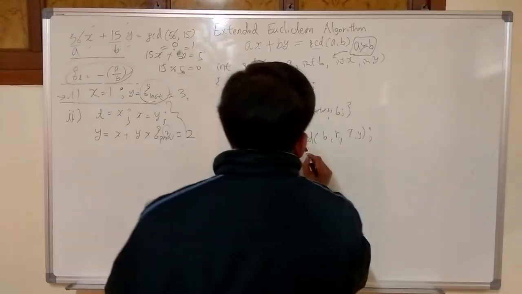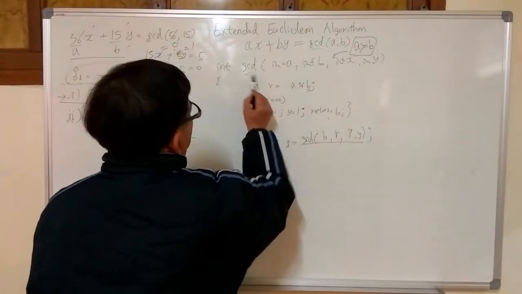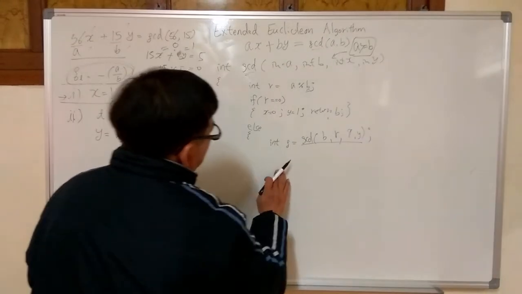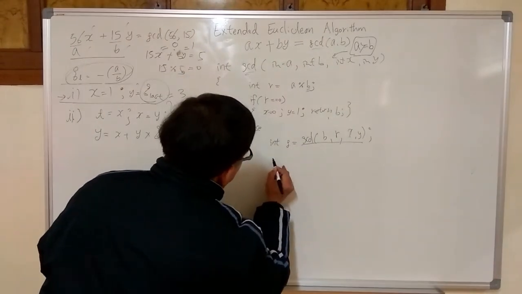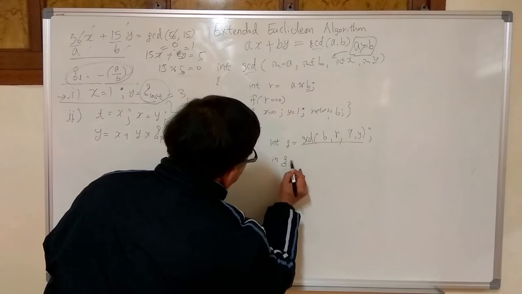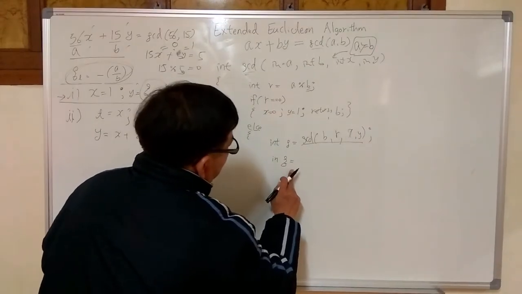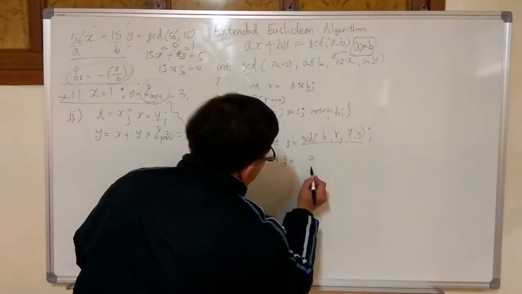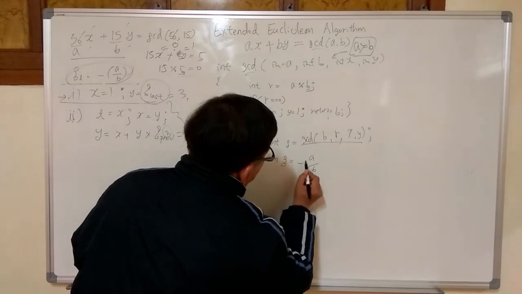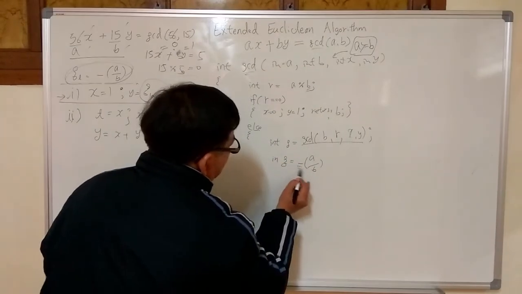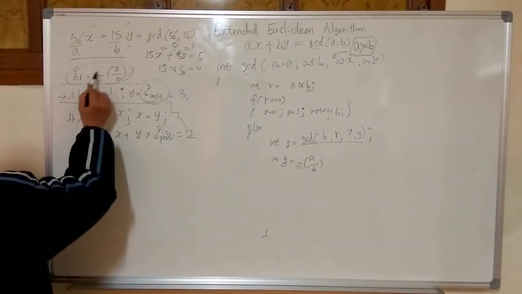So we are recursively calling this function again. Then at this point, we are computing q: int q equals a over b. Please don't forget this.